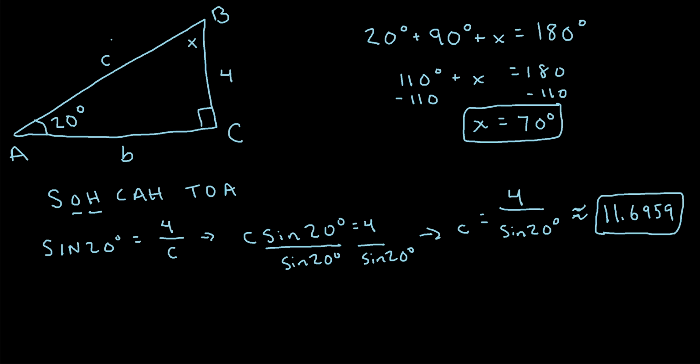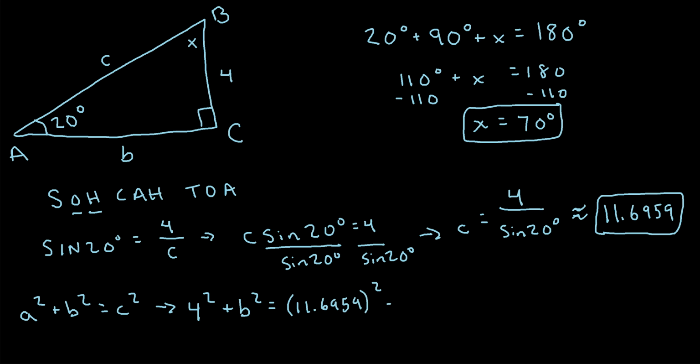So now that we know the length of two of the sides of this right triangle, we can use the Pythagorean theorem to figure out the missing side, which in this case is b. So remember, the Pythagorean theorem is a squared plus b squared is equal to c squared. So we know that a is 4, so 4 squared, plus, we don't know b yet, so we'll just write b squared is equal to, we just found c, 11.6959 squared.